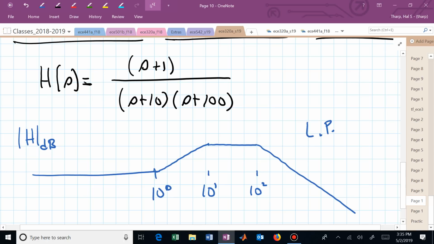And what is considered a high frequency in this particular transfer function based on our argument? A decade beyond the last break. Our last break is 100, so we would say high in this particular transfer function is 1,000 radians per second. What's low frequency? A decade before the first break, and in this case it's 0.1 times 1, or 0.1. So low frequencies would be below 0.1, high frequencies would be above 1,000, and what's my phase at high frequencies?